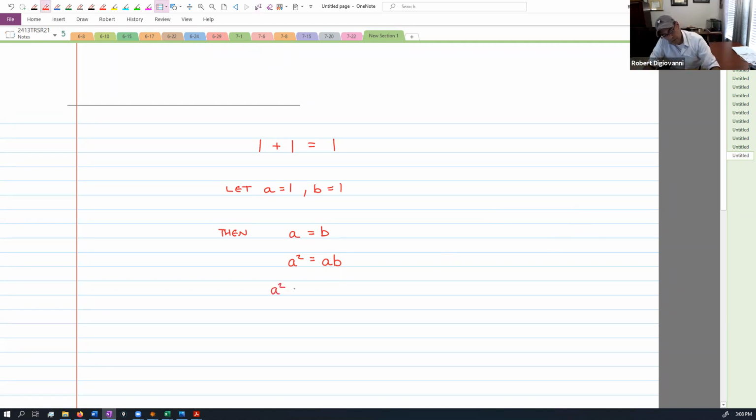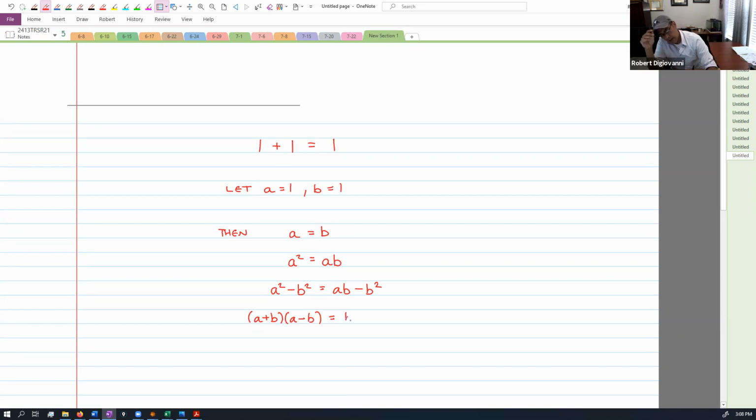Now I'm going to subtract something from both sides. If I take A squared, I can subtract B squared from both sides, because you're allowed to add or subtract the same thing on both sides of an equation. You agree with that? Okay, the left side is a difference of squares. You see that?